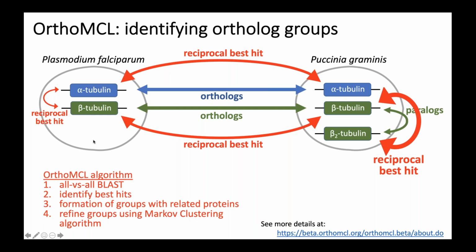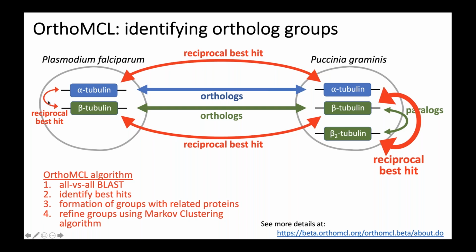Going back to my earlier point that alpha tubulin and beta tubulin are not considered paralogs, if we do alpha tubulin against all of the proteins in Plasmodium, we'd get beta tubulin. And vice versa, if you took beta tubulin and BLASTed it against all of the proteins in Plasmodium, you would get alpha tubulin. But you see the lighter weighting on this arrow, because the score is not very good.